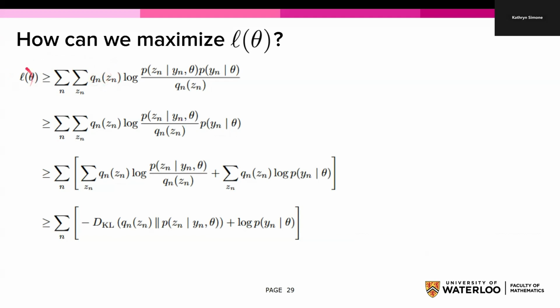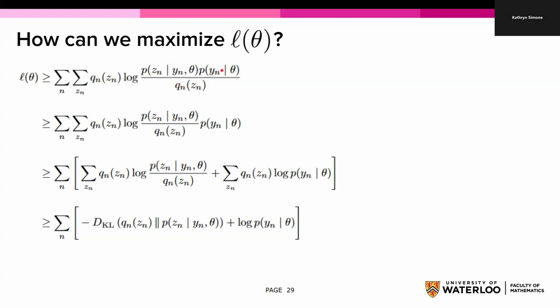We still want to maximize this likelihood though, and so one path forward is instead to maximize this lower bound. If we improve that, there's a good chance that we'll be able to improve the likelihood as well. And so we can take advantage of properties of logs to split the log of the product into a sum of two logs.